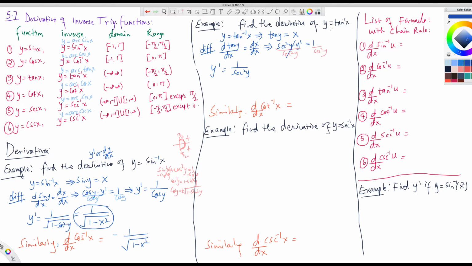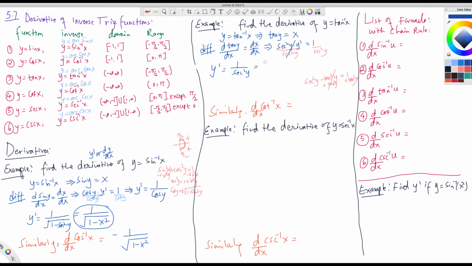And again, see, our question had x on the right side, so we want to get that x form. So what is the relationship between secant and tangent? Do you remember that? We know that secant square y minus tangent square y equals 1. If you add tangent square y on both sides, that will cancel out. So you will get secant square y equals 1 plus tangent square y. See that?